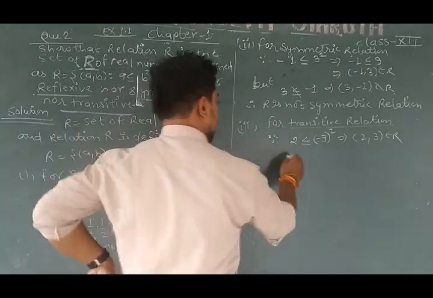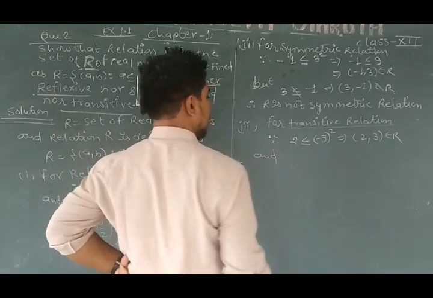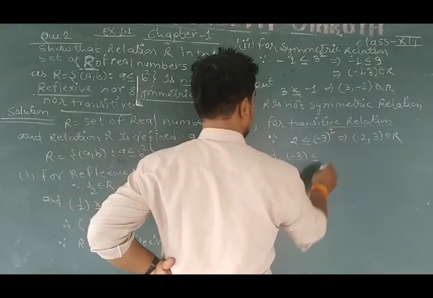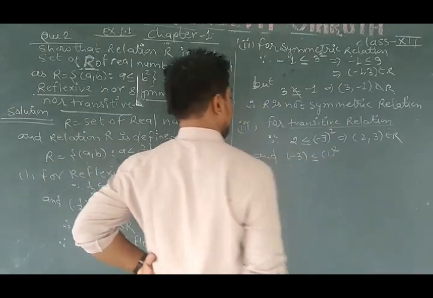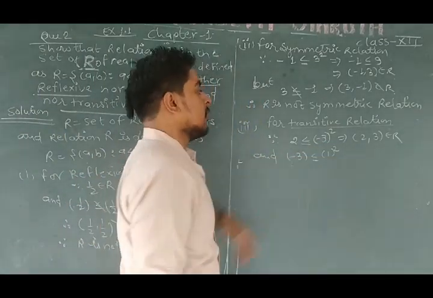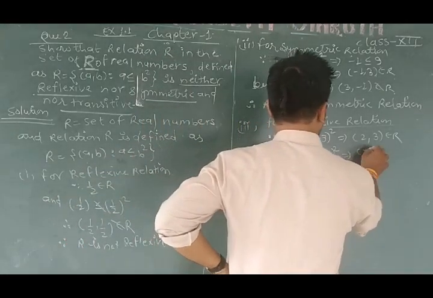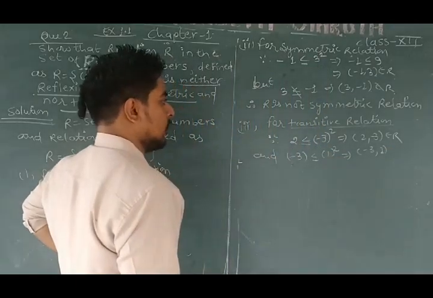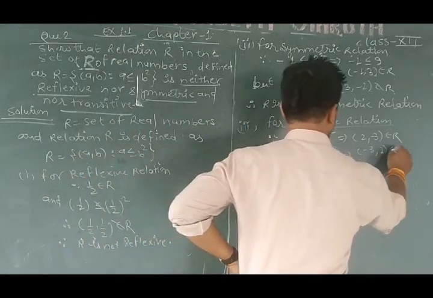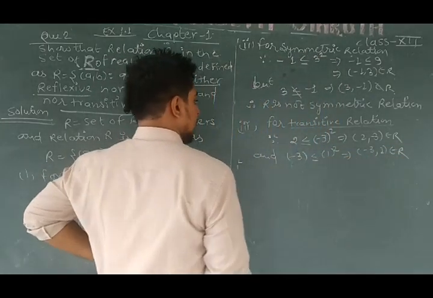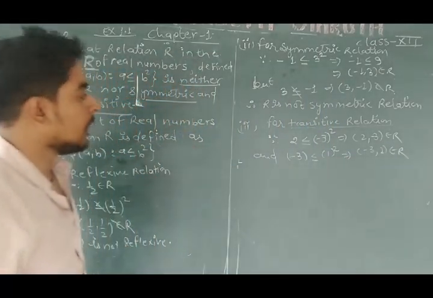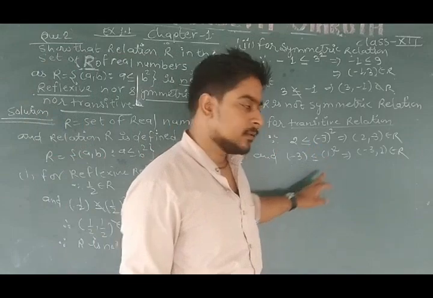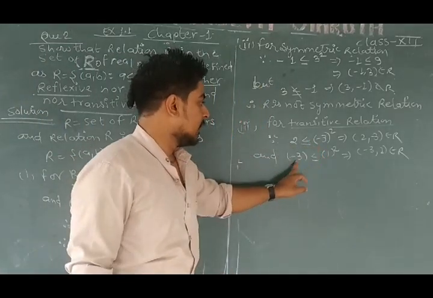And in the second, I am taking minus 3 is less than or equal to square of 1. It means minus 3 is less than 1. Thus the ordered pair minus 3 and 1 belongs to R. It means suppose it is AB and it is BC.